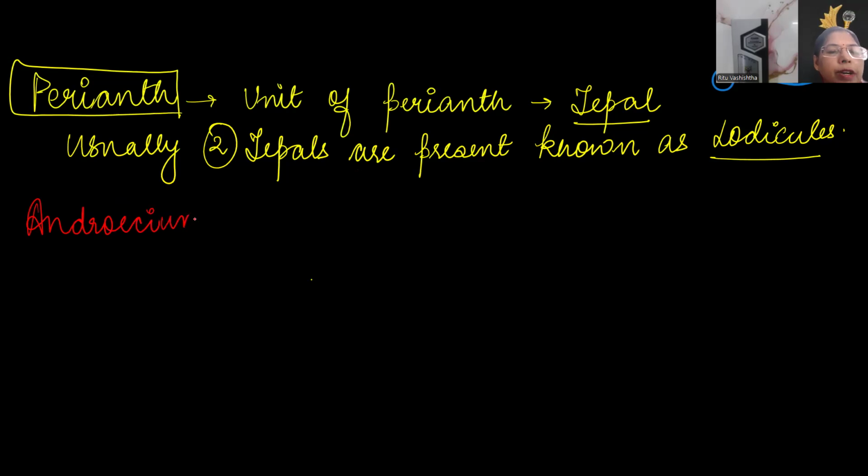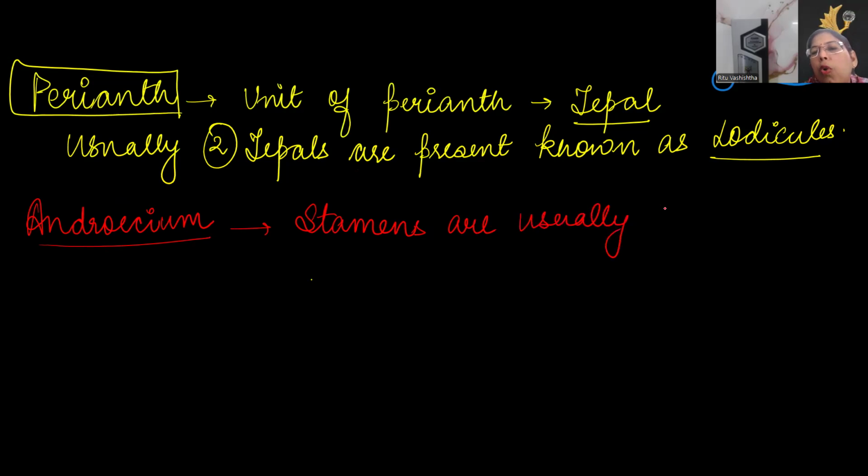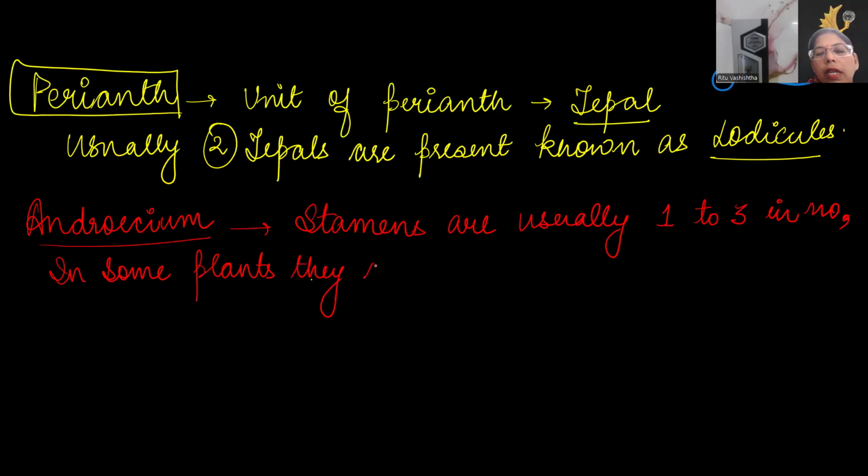As I told you, androecium is the male reproductive part of the flower. So its unit is stamen. Stamens are usually 1 to 3 in number. In some plants, they are found in multiples of 3.